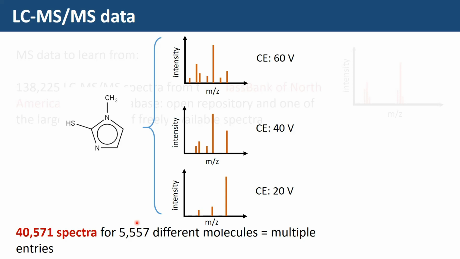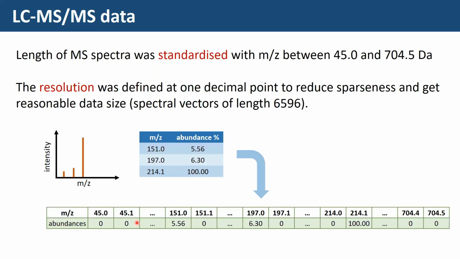After that, we had to, let's say, play a bit with the data and do some more data curation, and we had to standardize the length of the mass spectra for all the entries of the data set. So we decided to use a range for the mass spectra between 45 and, more or less, 700, because this was the most comprehensive range where we had peaks in the whole data set.